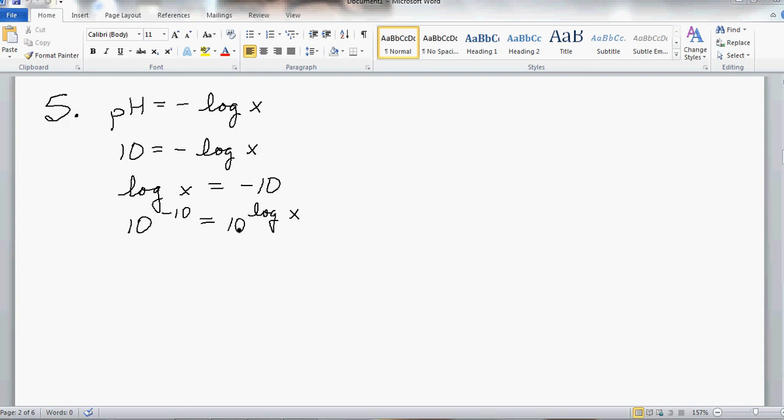And anytime we have a base to the log of the same base, those in essence disappear. So we get x equals 10 to the -10th power, which will equal 1 over 10 to the 10th power. Very minute amount, but it's still there just the same.